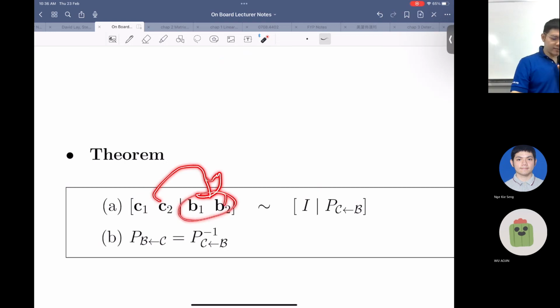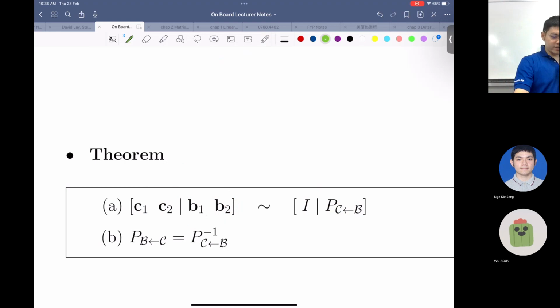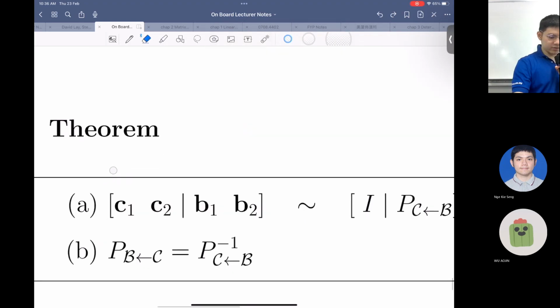So B has become C. Of course, this is not limited to only two. You can put 3, 4, 5, 6, 7, 8, n by n. I'm not sure why this is just a 2 by 2 case in your notes, but in this case, since I make it bigger, so I can use, can I?